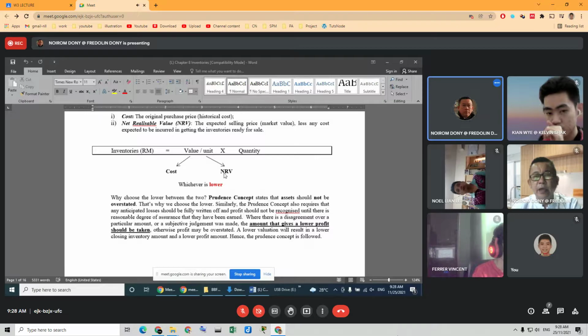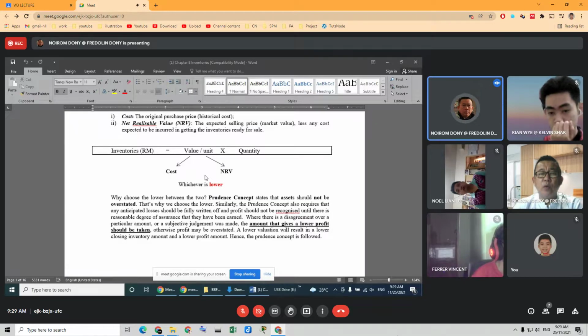Let's say the cost is 10. You bought it at 10 ringgit. But when you consider the estimated selling value because of the economic situation and the processing, you have NRV of 8 ringgit per unit. So you have an expected loss of 2 ringgit, isn't it? Because you haven't sold it.